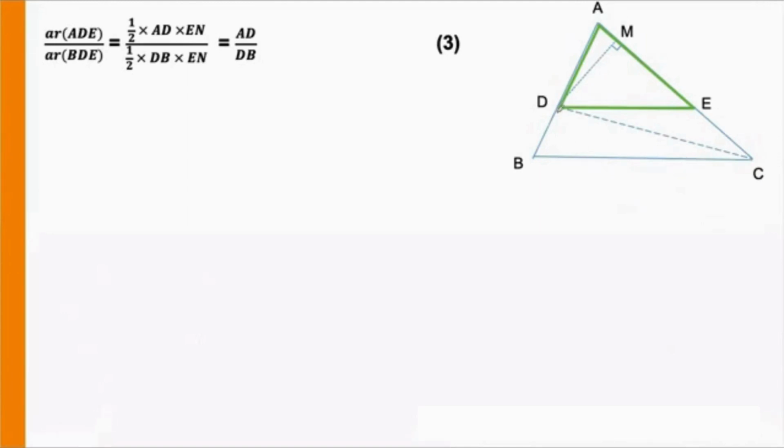Now looking at the top triangle again, this time taking AE as our base, DM becomes the height. So area of triangle ADE is equal to half into AE into DM.